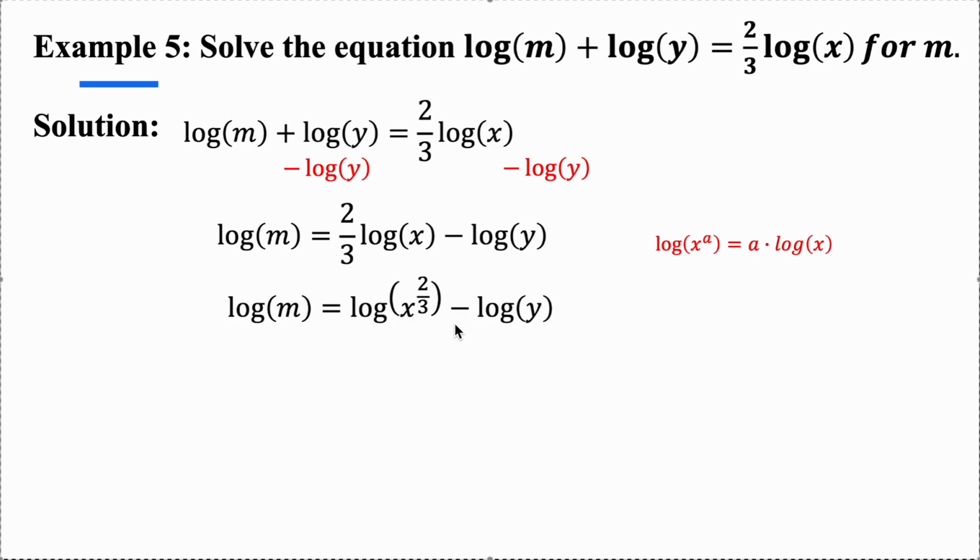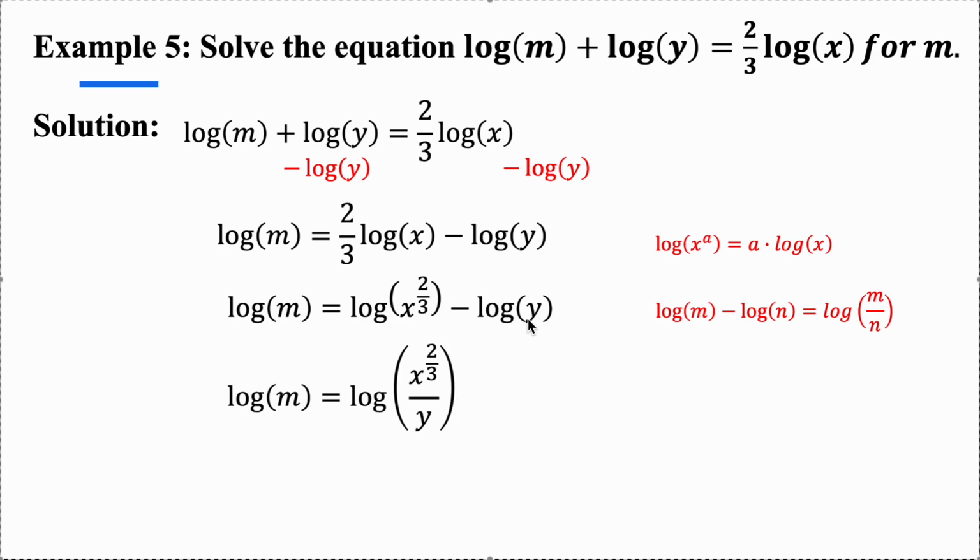Now from here we can apply the subtraction or quotient property, which states that if you have two logarithms that are being subtracted, you can condense that or rewrite it as a single logarithm by dividing what's inside the parentheses. So applying this condition here, this right-hand side could be written as the logarithm of x to the 2/3 divided by y, as following.